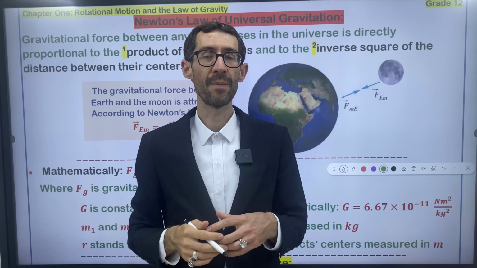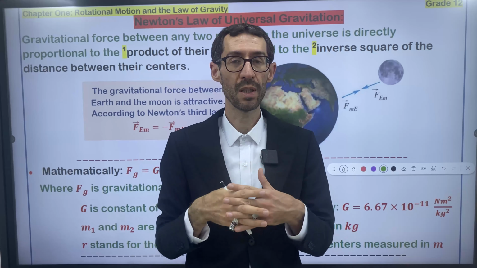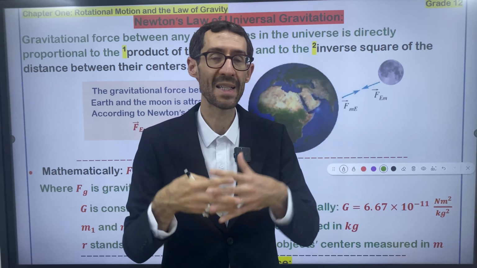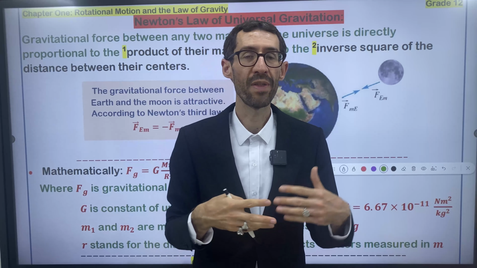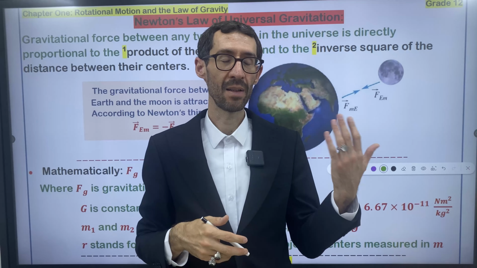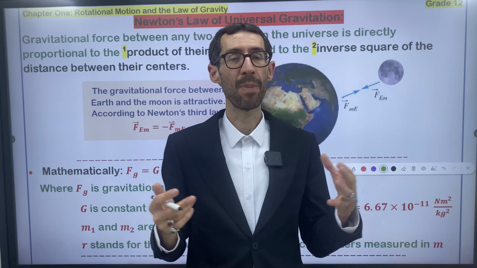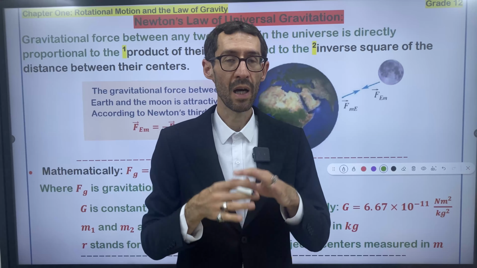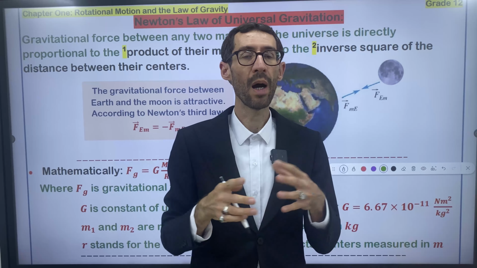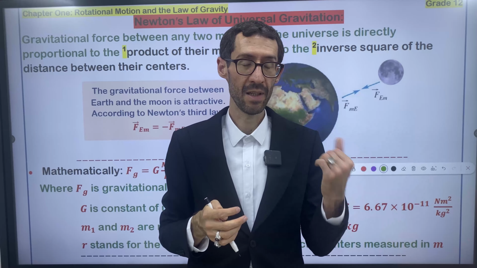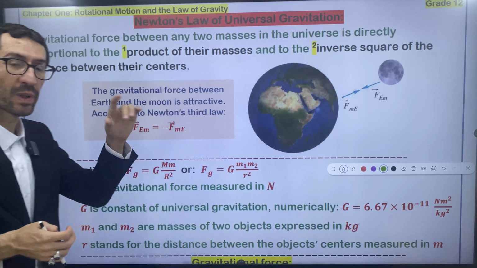It talks about the interaction between any two objects, between any two masses, whether the mass is small or large. So we can apply this law on every two objects in the universe, right? Let's dive in with the lesson.